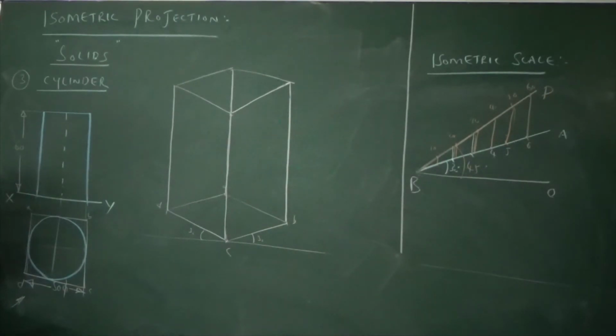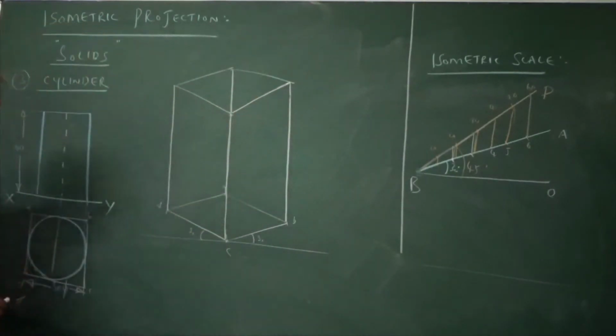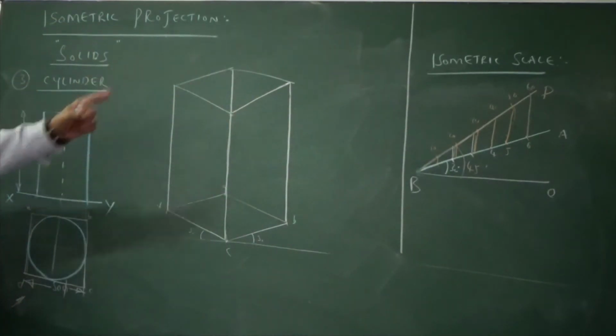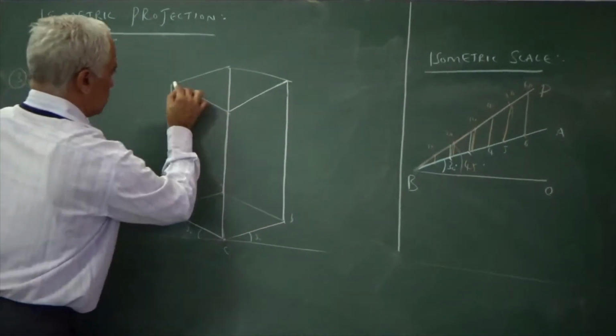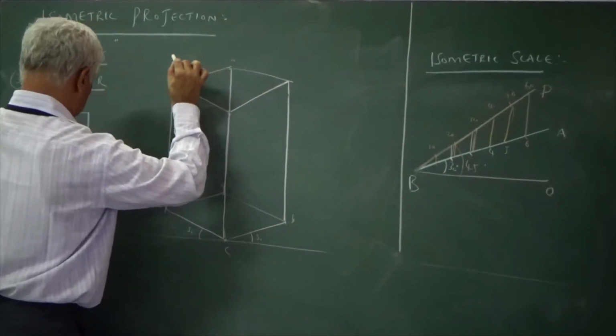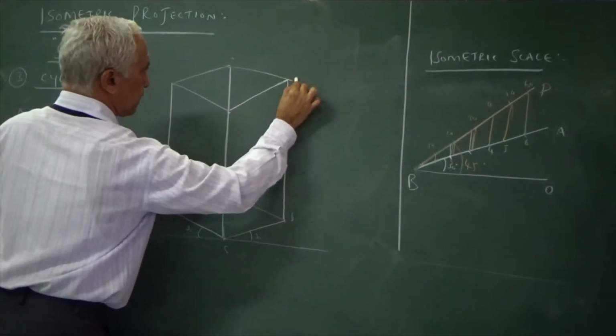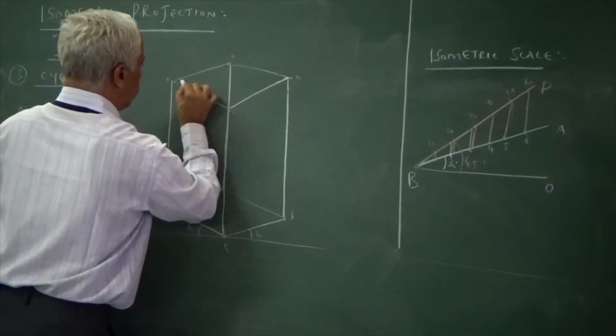To draw the ellipse, I have an ellipse at the top and an ellipse at the bottom. I adopt the 4 centers method. All are construction lines. I take the same points A, B, C and D. Join the longer diagonal BD.